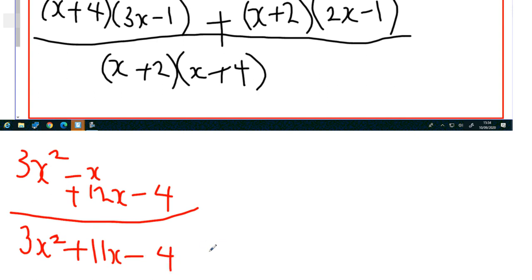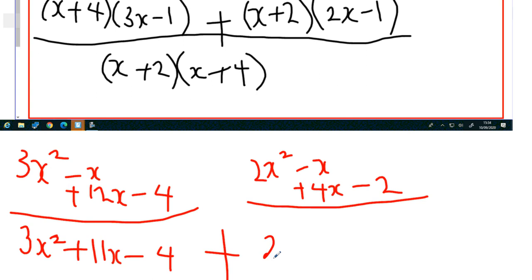That's for that part. Plus, let's do that top bit, 2x squared minus x plus 4x minus 2. And that part will give us 2x squared plus 3x minus 2.